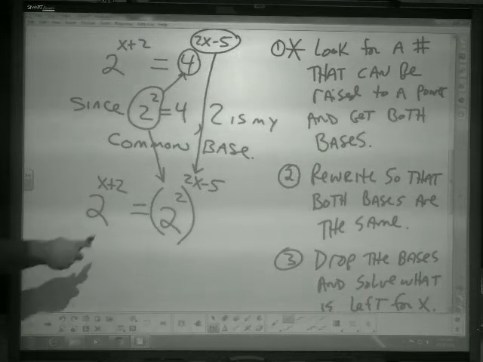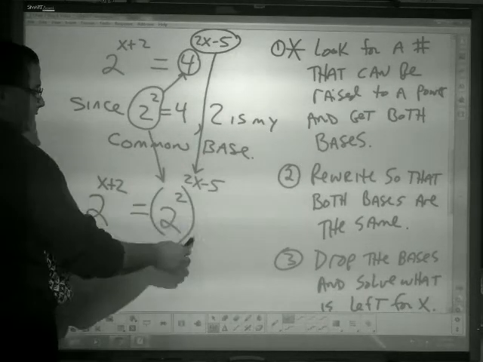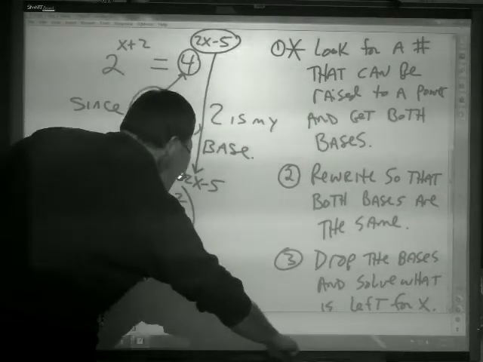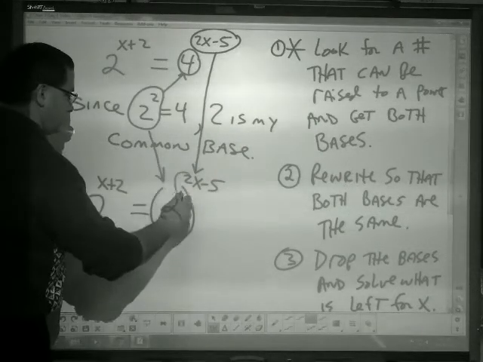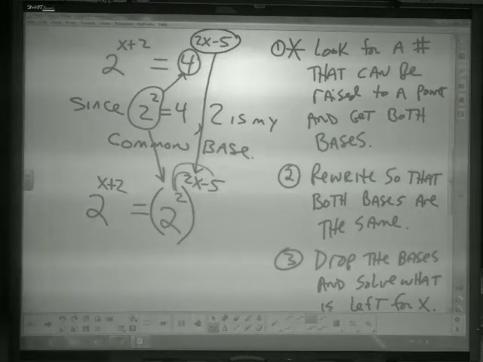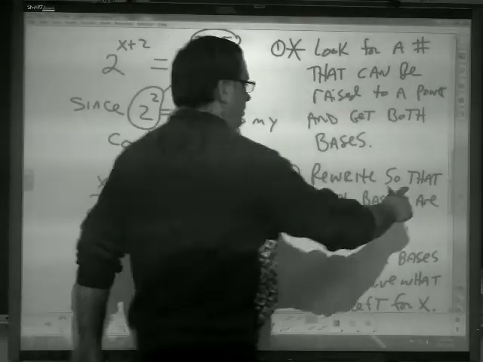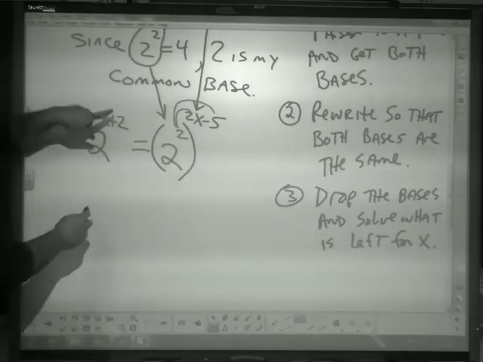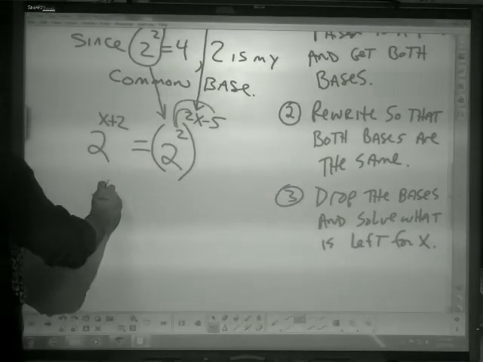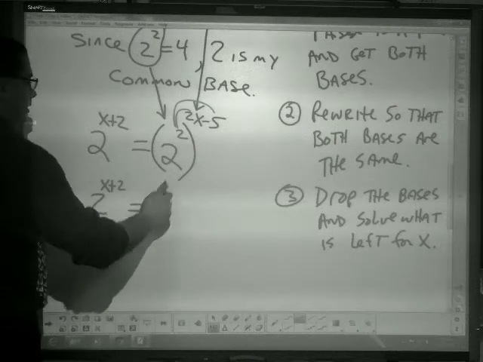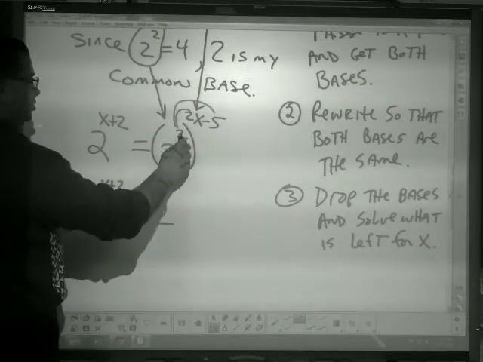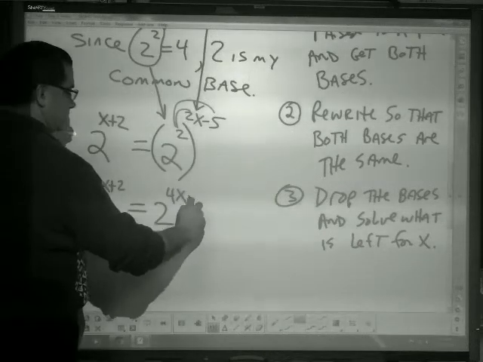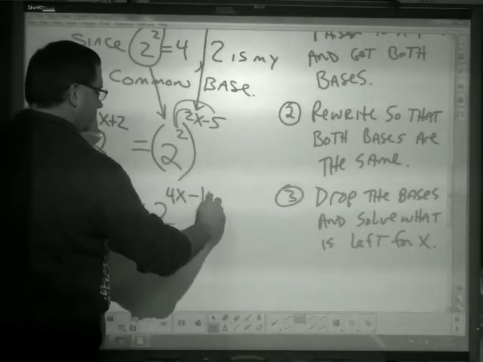All right? I need to clean this up a little bit, because a power raised to a power, we need to take this 2 and we need to do some distribution here. So let me clean this up a little bit. So this turns into, this doesn't change over here, so this is 2 to the x plus 2. 2 to the 2 times 2x is 4x, minus 2 times 5 is 10.